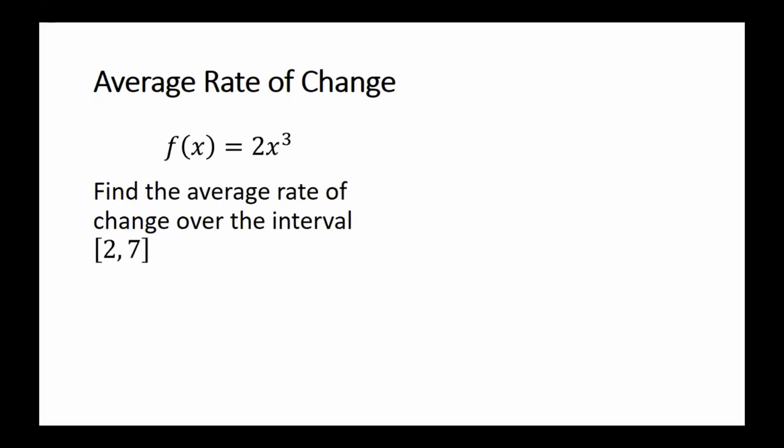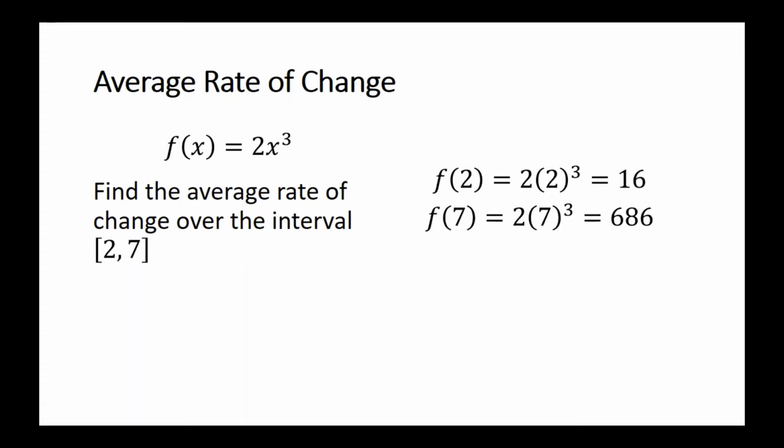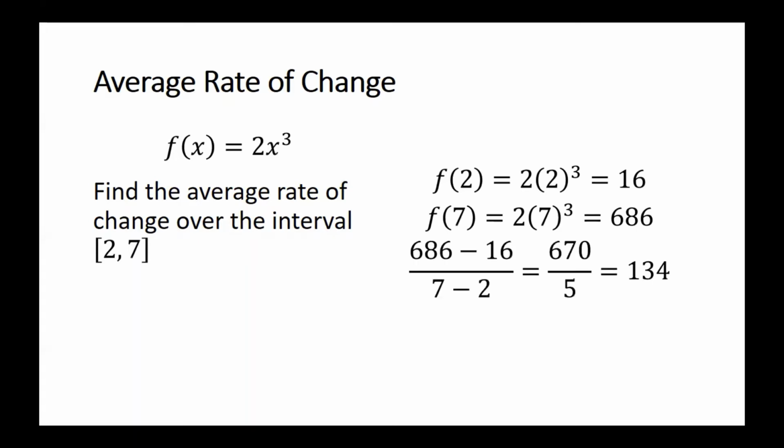So let's take a look at that. f of x is equal to 2x cubed. Find the average rate of change over the interval from 2 to 7 inclusive. So first we're going to plug in 2 into the function. f of 2 is equal to 2 times 2 cubed, which is 16. Then we're going to plug 7 into the function. f of 7 is equal to 2 times 7 cubed, which is 686.